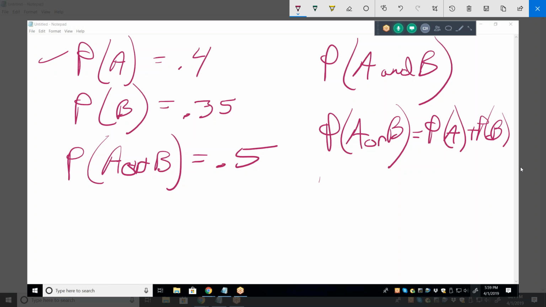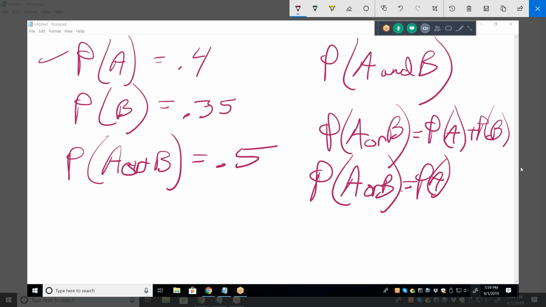I'm confused. So the probability of A and B is the next thing? No, so the probability of A or B is, now I got you. Probability of A plus probability of B minus the probability of A and B, right? Yeah.